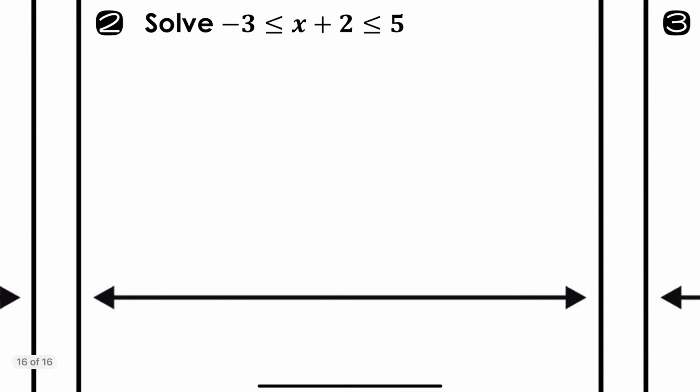All right, this looks a little bit different, but it's still going to be an "and" compound inequality. So you'll notice we have more than one inequality sign here. We have one here and one here. We're still going to follow the same rules as we have been. I'm going to draw my line right here.